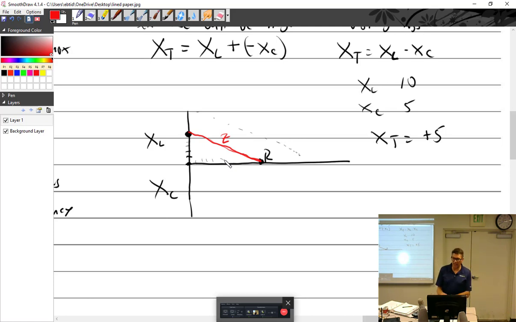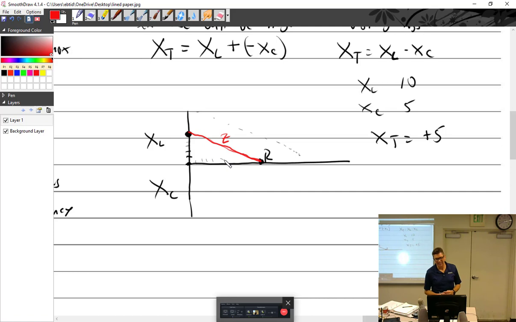So if we had X of L is 10 and X of C is 10, then X total is 10 squared plus 5 squared equals 125. Wow, let's back up the truck here, buddy. 10 minus 10 is 0. So you don't have to make it hard.